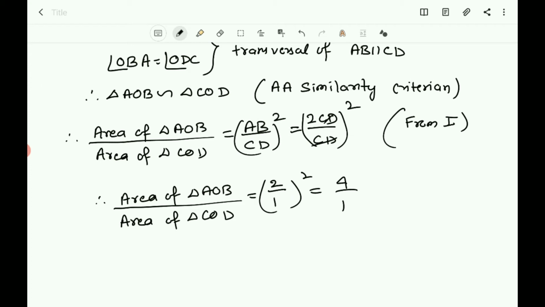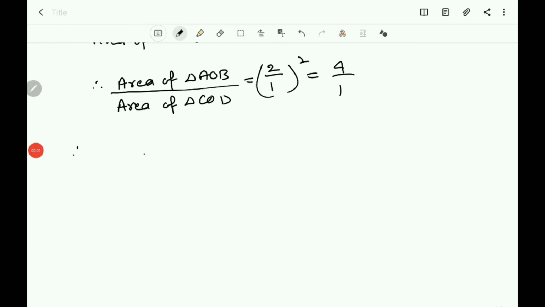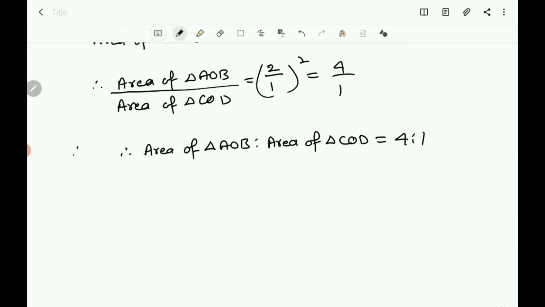Find the ratio of the areas of triangles AOB and COD. You got 4:1. Therefore area of triangle AOB is to area of triangle COD is equal to 4:1. You got the ratio.